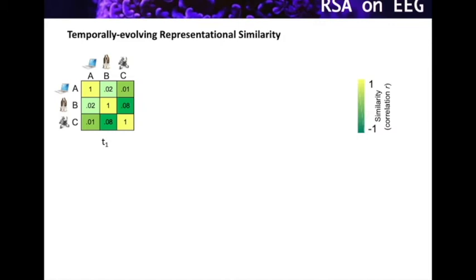Now, once we have constructed the representational similarity for a given time point, then we can just simply select which sort of relation or similarity pattern between elements we are interested in studying. One way to do that, for instance, would be to start with the relation between A and B. So how patterns of EEG activity elicited at time point 1 relate between a computer and a dog.